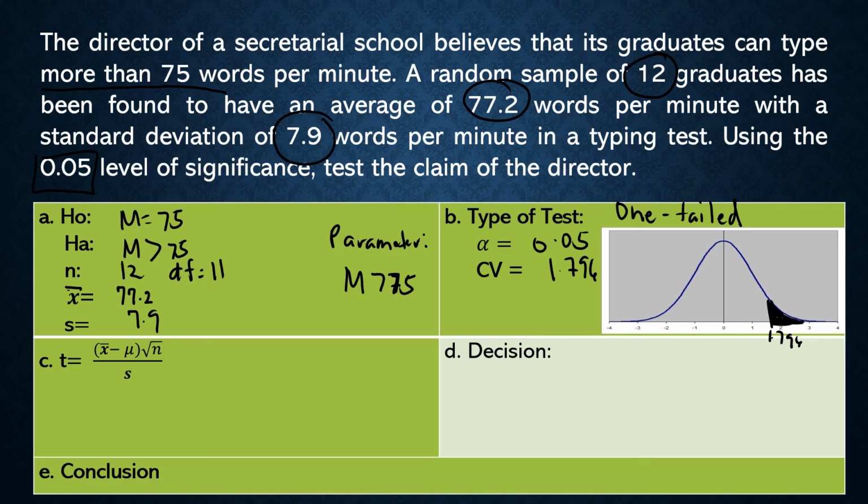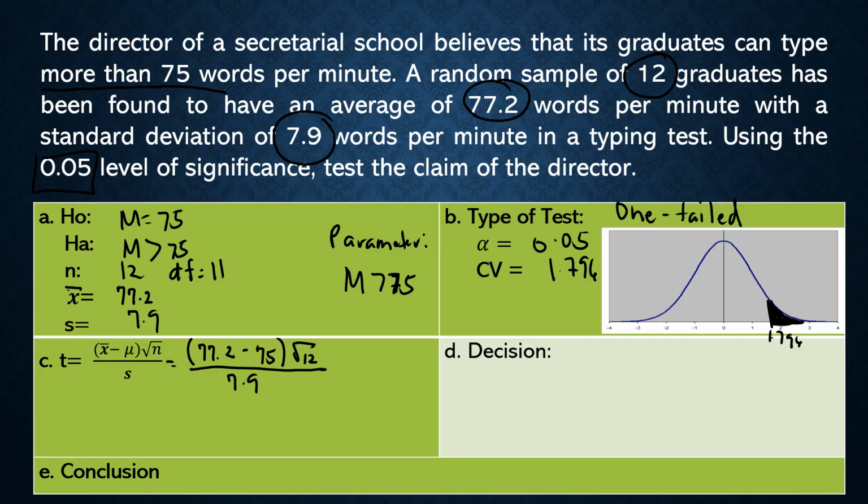Okay, now, let's compute the t-value. Let's substitute the given values. Instead of writing x bar, we're going to write 77.2 minus your mu, which is 75, times the square root of n, which is 12, divided by your s, which is 7.9.